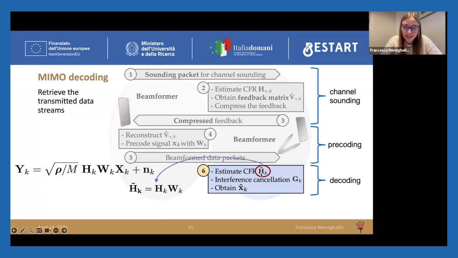Actually, what we estimate now is not only the channel H, but it is the beamformed channel. So we will estimate the H multiplied by W channel.